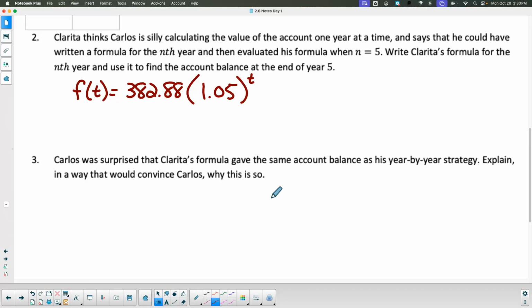Because it's the same numbers that you're using. It's all the same data, right? The data didn't change by doing it one time for each one. We're still always multiplying by 1.05, just like he was. We're just doing it now where we don't need the recursive formula. We're doing it the explicit way.